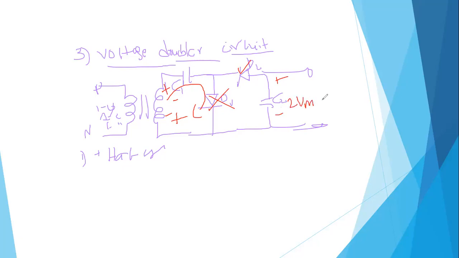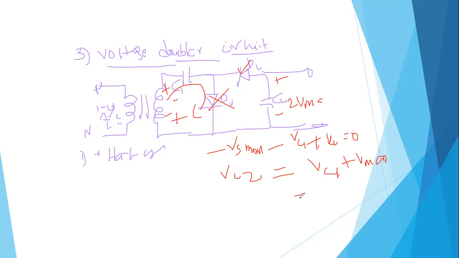Simply, we can say according to KVL, a small equation I'm going to discuss: Vs maximum minus Vc1 plus Vc2 is equal to 0. From this we can say that Vc2, the output voltage at C2, is equal to Vc1 plus Vmax.